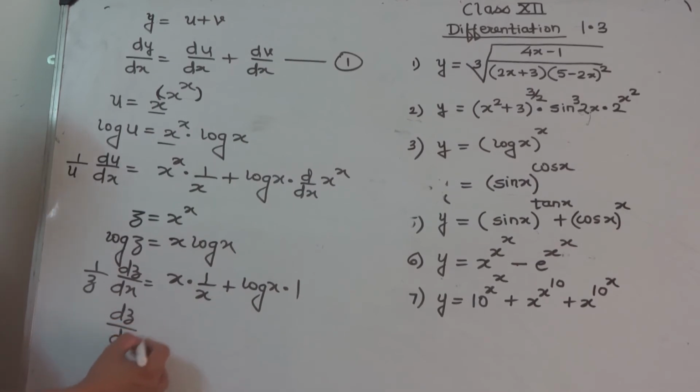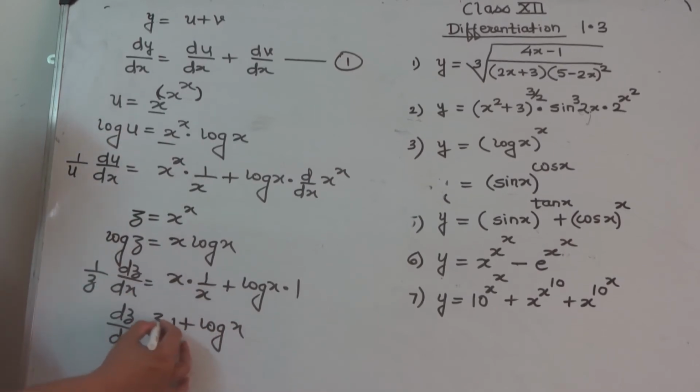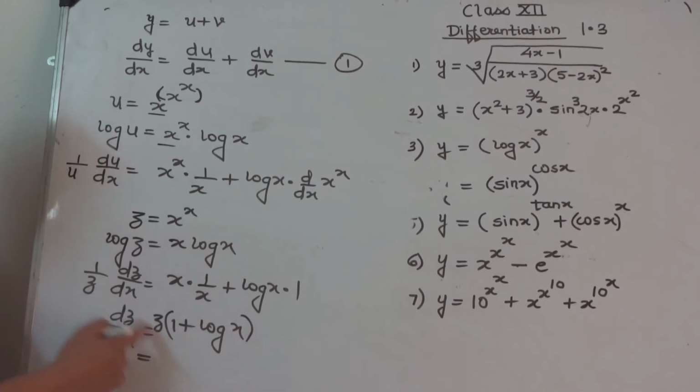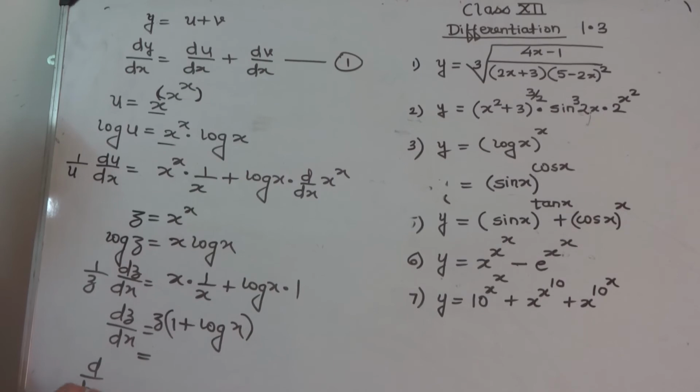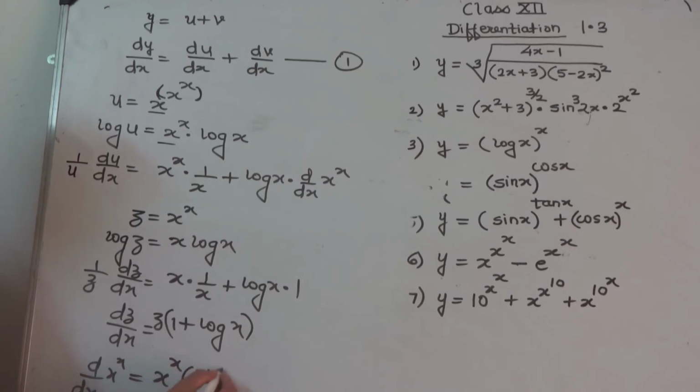So dz by dx equal to z bracket 1 plus log x, but in place of z we can write x raised to x. So the derivative of x raised to x is equal to x raised to x bracket 1 plus log x.